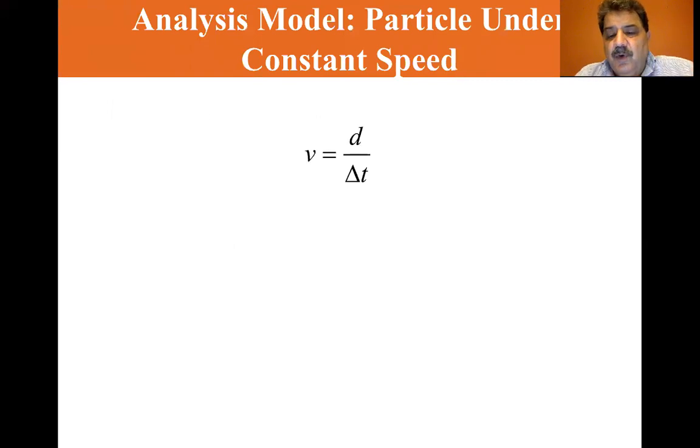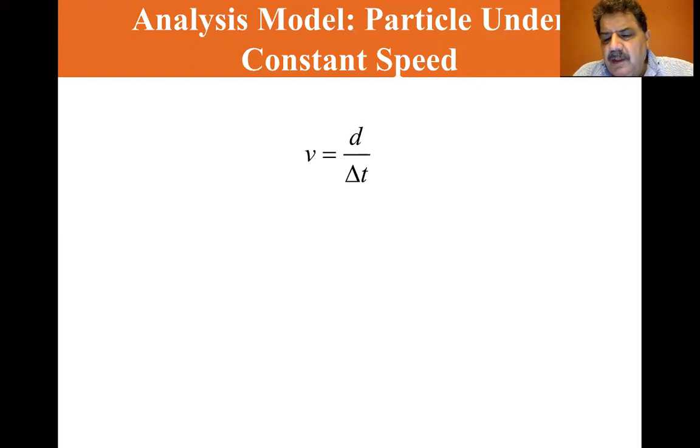Let's look at some more. A particle under constant velocity moves with constant speed along a straight line. Consider a particle moving with constant speed through a distance d along a curved path. A change in direction of motion signifies a change in velocity. Remember, velocity is a magnitude and a direction.